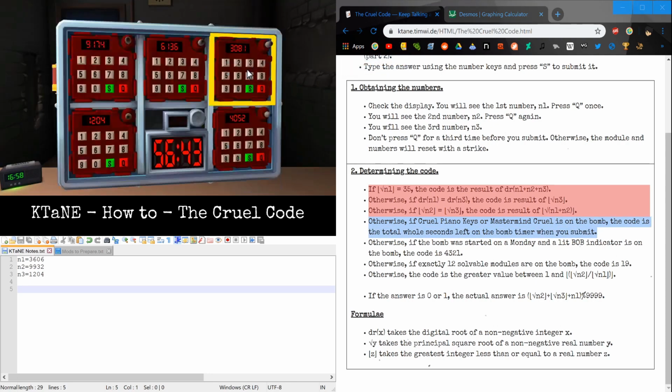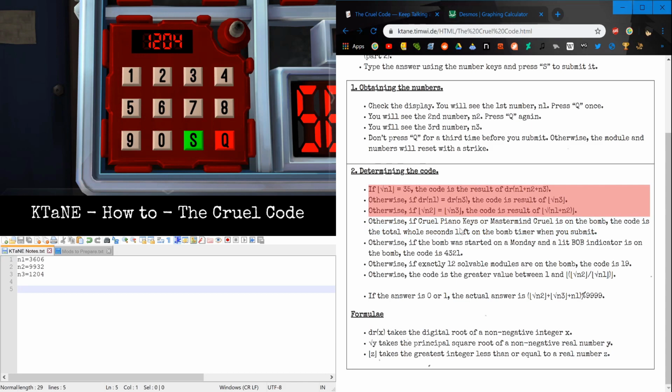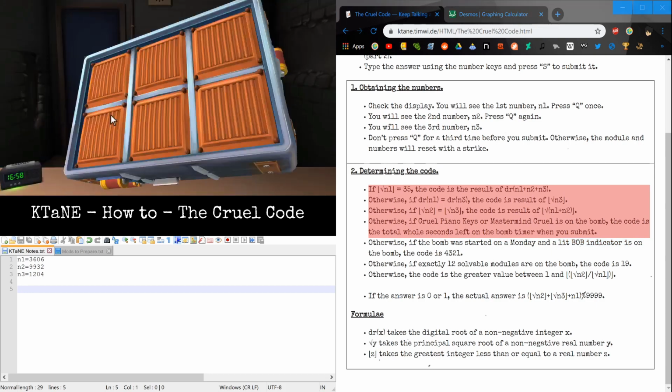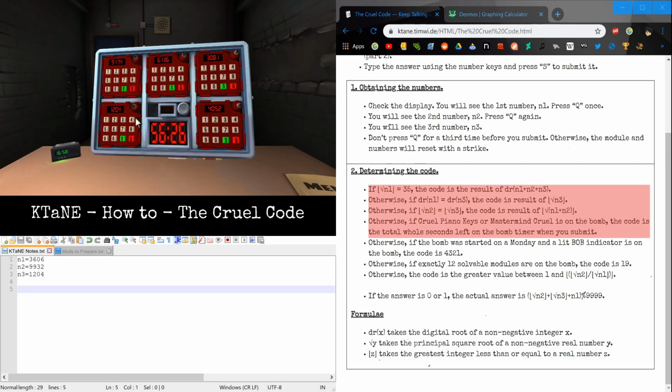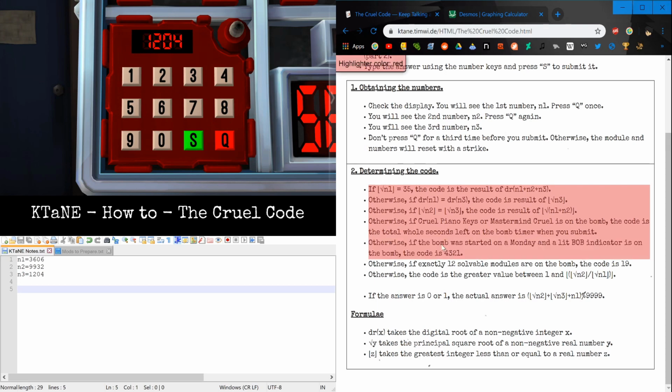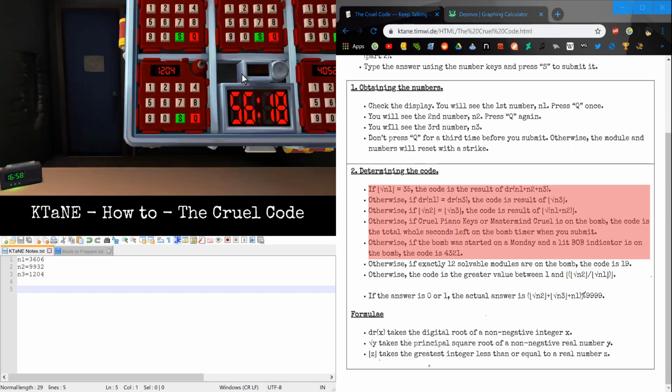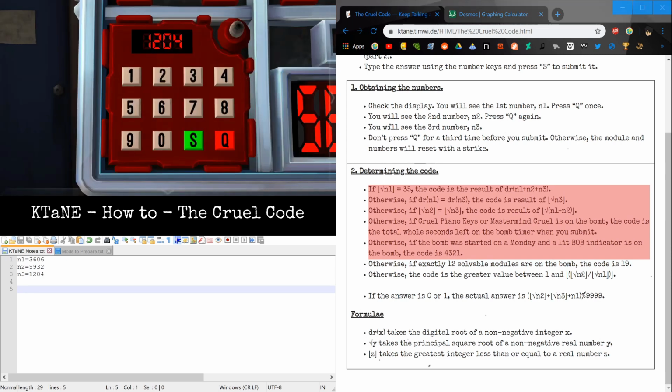This bomb only consists of cruel code, so no. Otherwise, if the bomb was started on a Monday and a lit bomb indicator is on the bomb. I started this bomb on a Friday, and also this rule is the only edgework rule in the entire manual, so that's the only thing you'll need, and we don't even have that indicator. So next. Otherwise, if exactly 12 solvable modules on the bomb, so 12 modules that aren't needies, the code is 19. We only have 5, so that's not true.